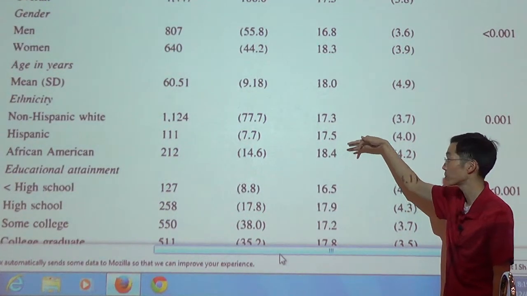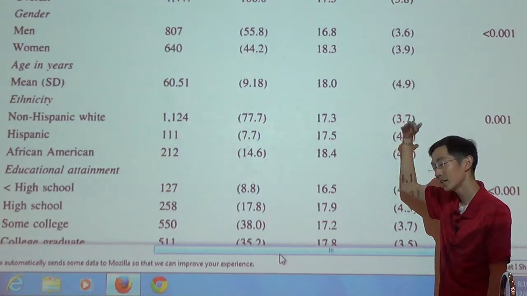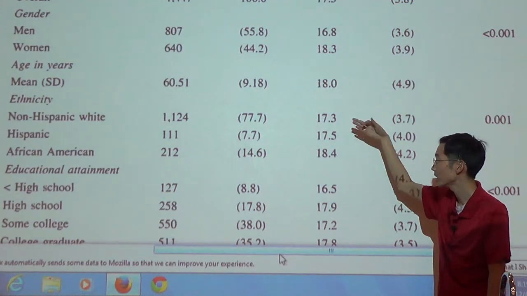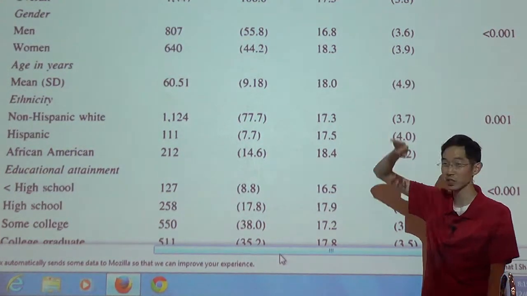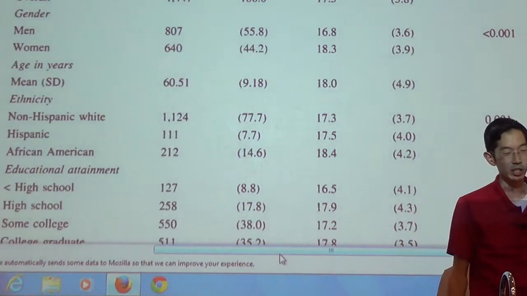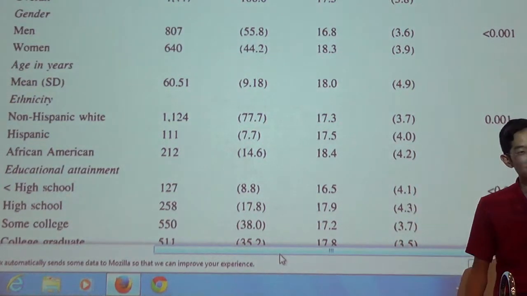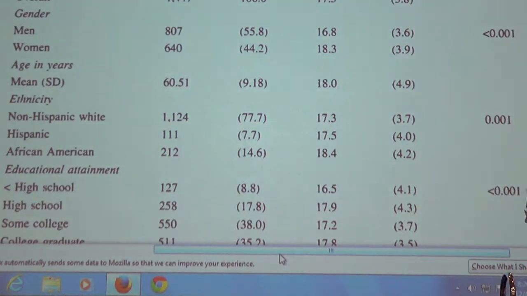What is the probability that I would happen to get a mean of 18.4 here, a mean of 17.5, and a mean of 17.3, just from random chance, if ethnicity has nothing to do with when someone started smoking? The probability of something like that happening from random chance is 0.001.